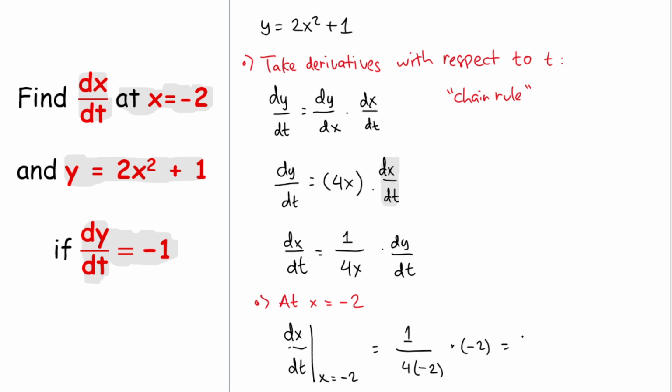So we will have 1 divided by minus 8, and this is minus 1. Multiplied by minus 1, and minus becomes positive, so I will have 1 over 8 here. And that is the final answer for this question: 1 over 8.